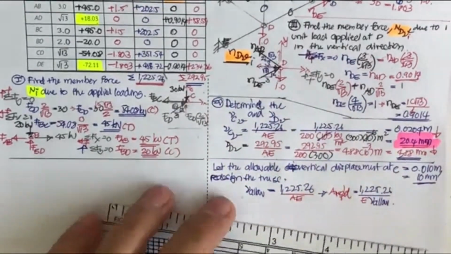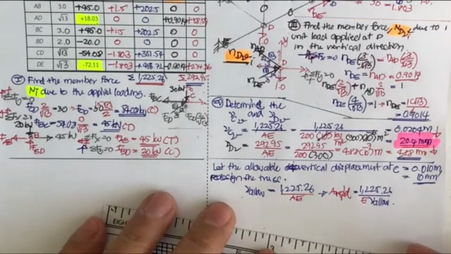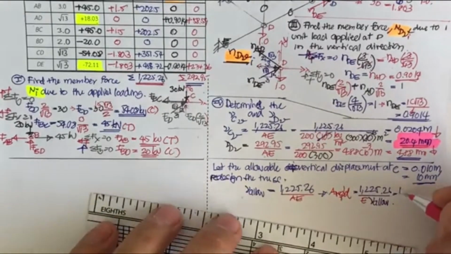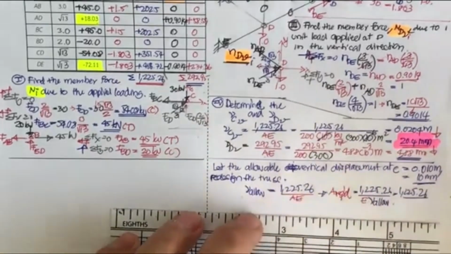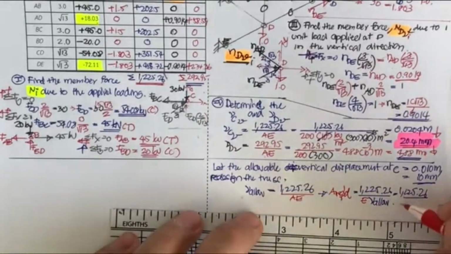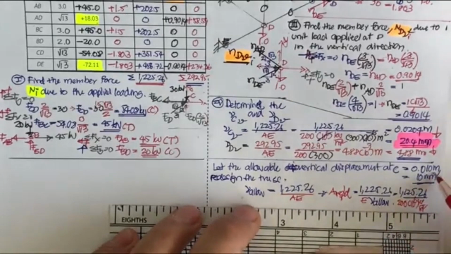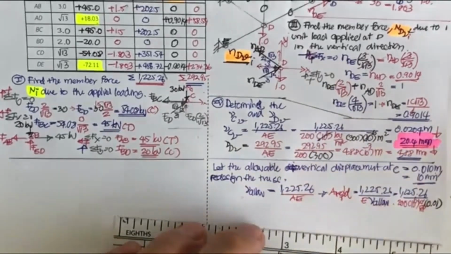Again, we need to be very careful with the units. So this one is 1225.26, and E is going to be in kilonewton, so 2 times 10 power 6 kilonewton per square meter, and the allowable deflection is going to be in meter, so 0.01 meter.